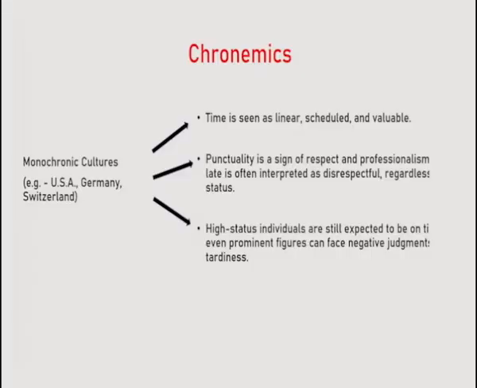In the monochronic cultures, time is linear, it is scheduled, and it is valuable. So it is disrespectful if you do not value the other person's time. If you are asked to attend a meeting at 10 o'clock, you should be there at 10.